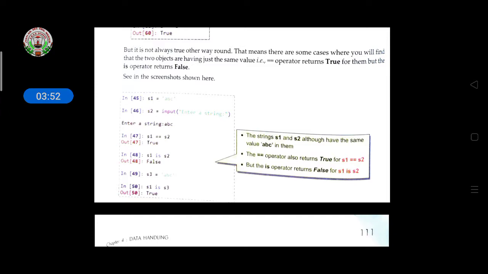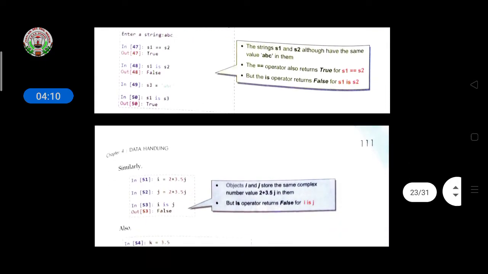Why false? Because the strings S1 and S2 have the same value ABC in them. Then the S3 value is ABC, and S1 equal to S3 returns true, but the is operator returns false for S1 is S2.